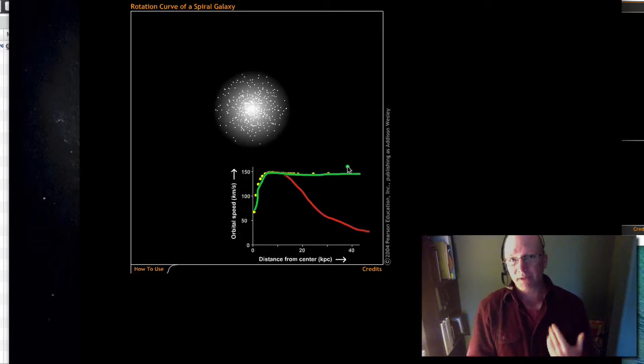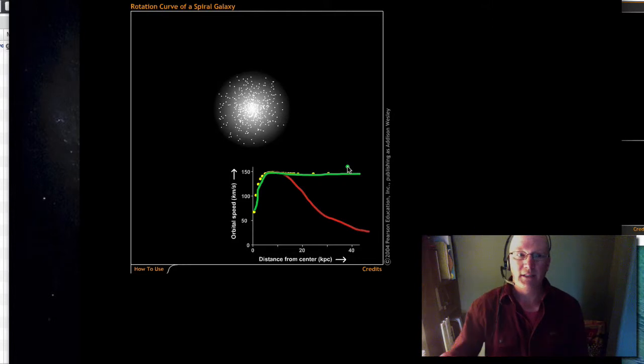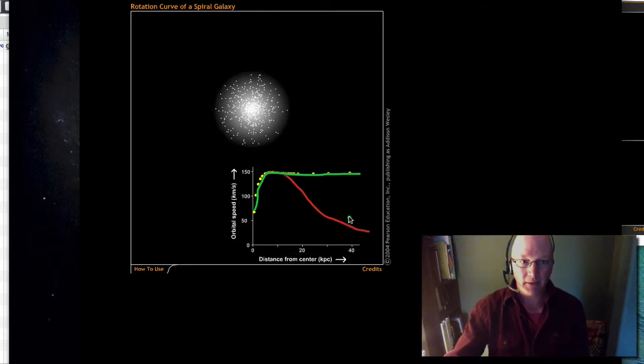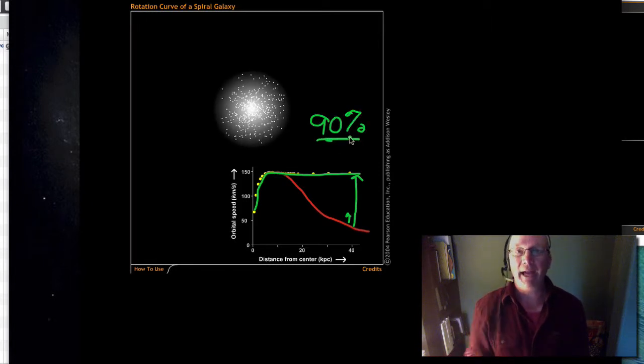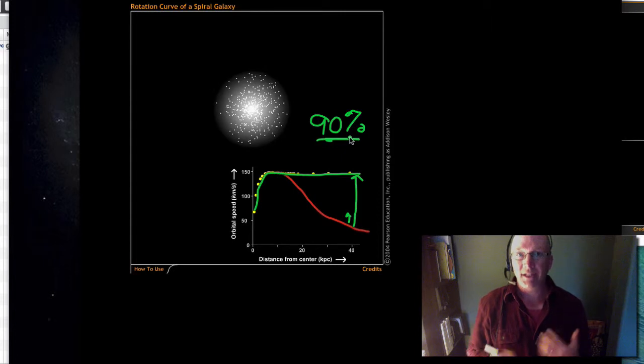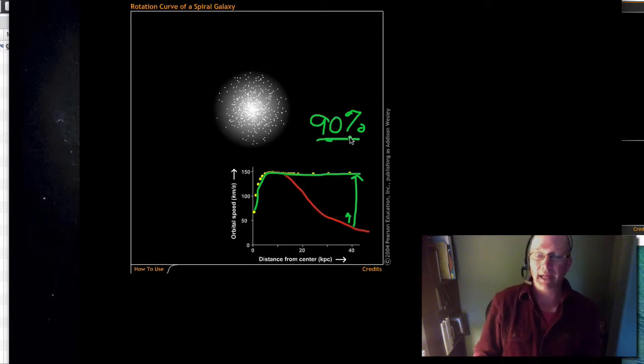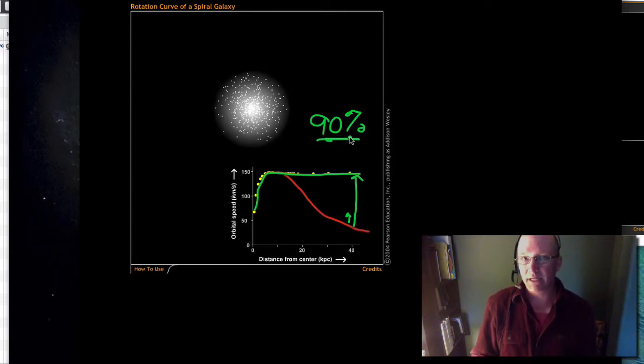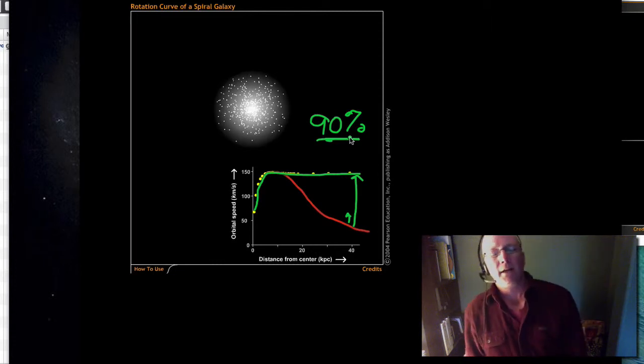However, you can do experiments in our galaxy and find out that that stuff is not really enough to make up this difference. You know, it might raise it up by that much, but it's not enough to raise it up by this. In fact, in order to get this raised velocity profile, you need something like 90% of the mass of the material has to not be in stars, and it has to be in these other dim objects. And think about that for a minute.